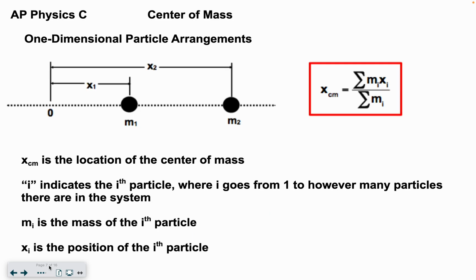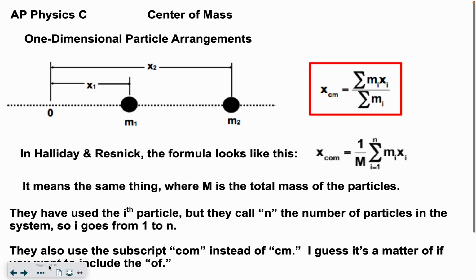The sub i indicates the ith particle. So i goes from 1 to however many particles are in the system. In this case, we only have two. M sub i is the mass of the ith particle. X sub i is the position of the ith particle.